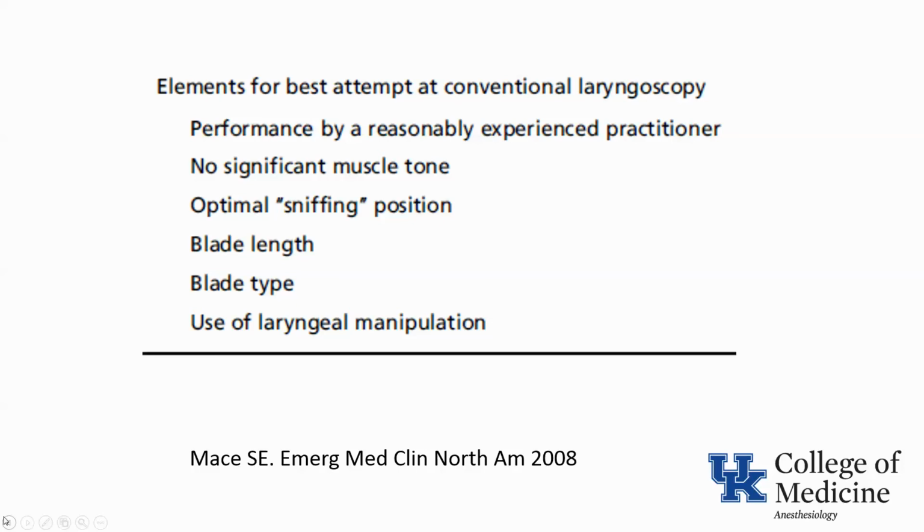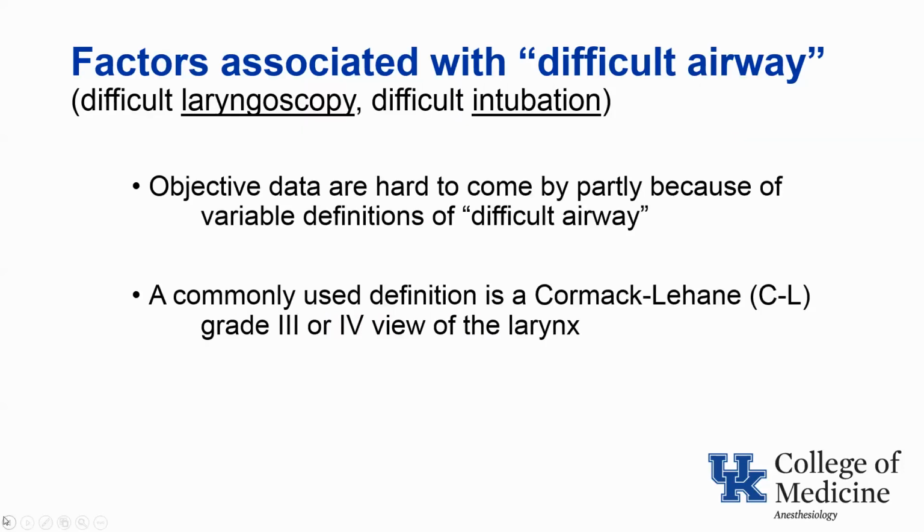He mentioned that before defining something as a difficult laryngoscopy, you need to have ideal conditions. It needs to be done by an experienced practitioner. There needs to be full muscle relaxation, optimal sniffing position, and proper laryngoscope and use of laryngeal manipulation.